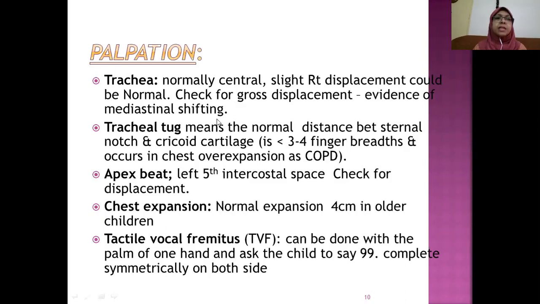Tracheal tug means the normal distance between the sternal notch and the cricoid cartilage is less than 3 to 4 finger breadths, and it occurs in chest over-expansion as in COPD.